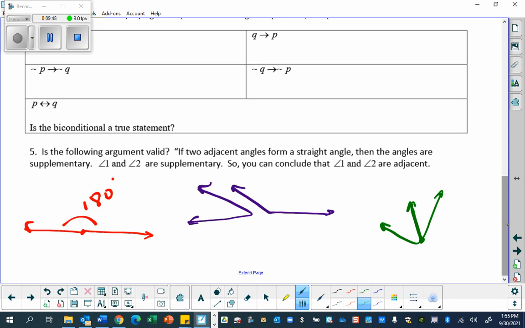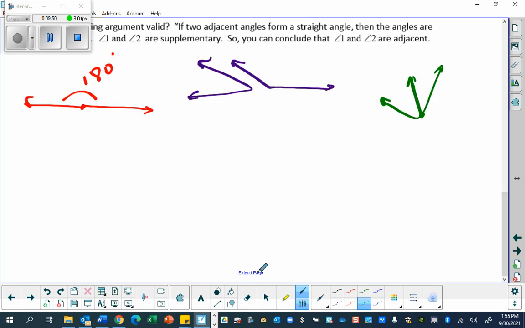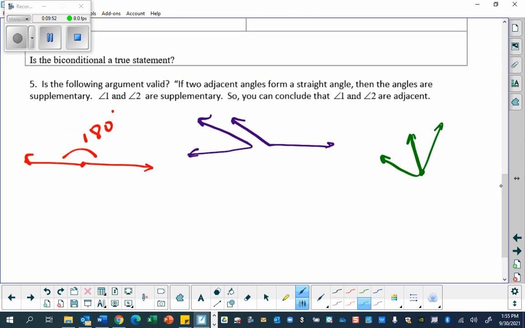Hey, I've got 3 pictures here that I think you're interested in because it all has to do with what this conversation says. If two adjacent angles form a straight angle, then the angles are supplementary. There's a lot of vocabulary happening there. Two adjacent angles. So adjacent angles are when two angles share the same side, right?